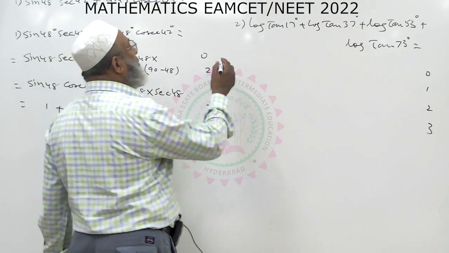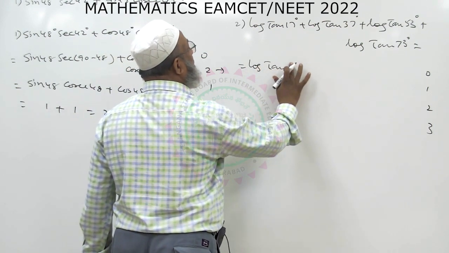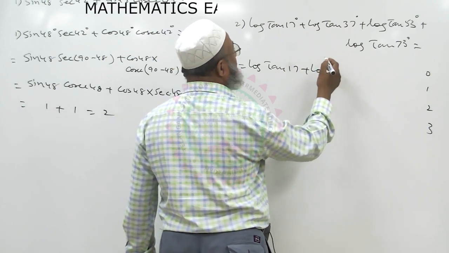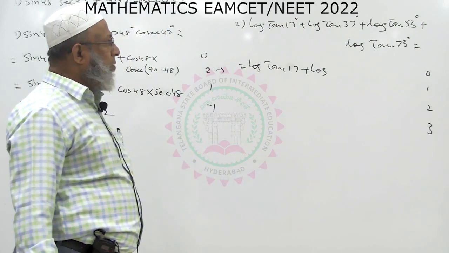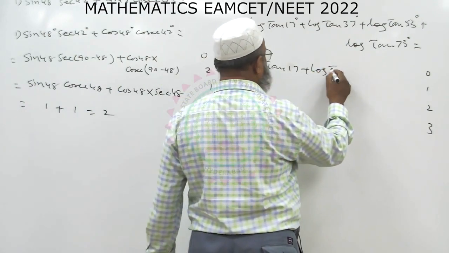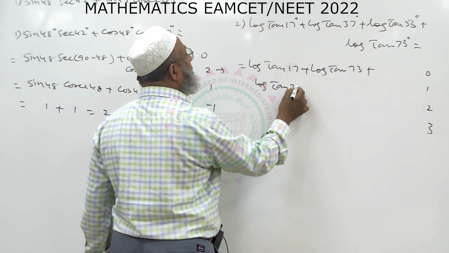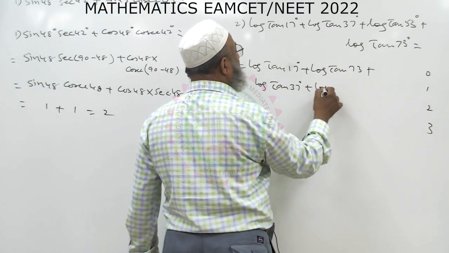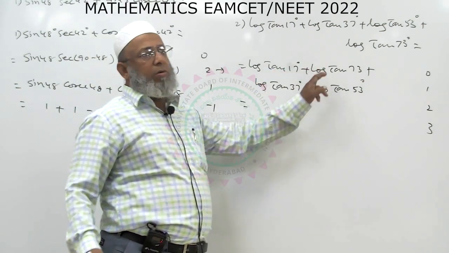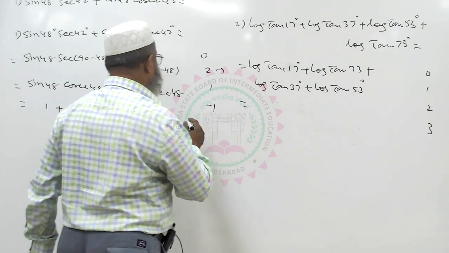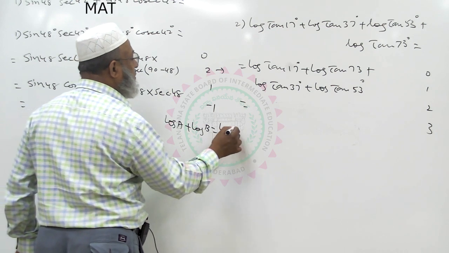Now, what I am doing, this I can write as log tan 17 plus log tan 73 plus log tan 37 plus log tan 53 is equal to, if I take log common, what is the formula? Log A plus log B equal to log of AB.